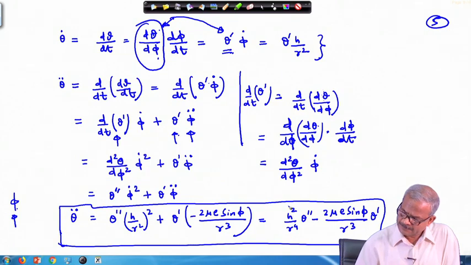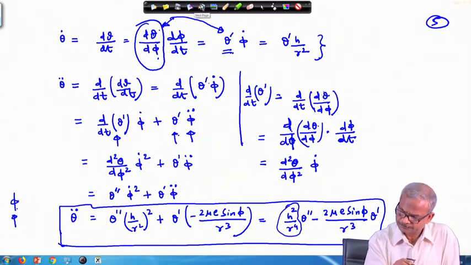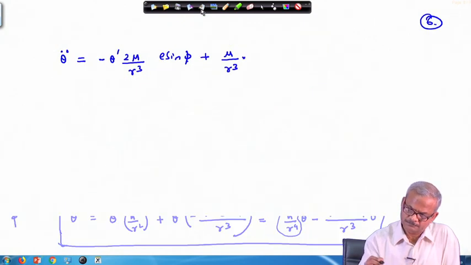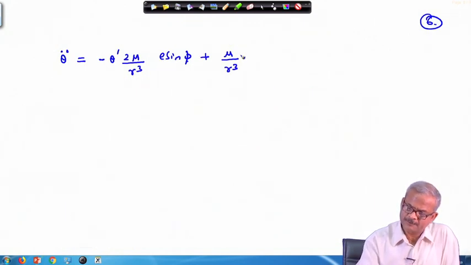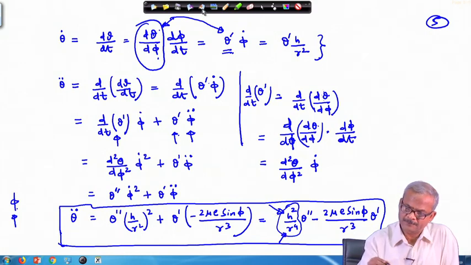So, this particular part we have to work out, h square by r to the power 4. So, h square by r to the power 4 equal to mu times L, divided by r to the power 4.